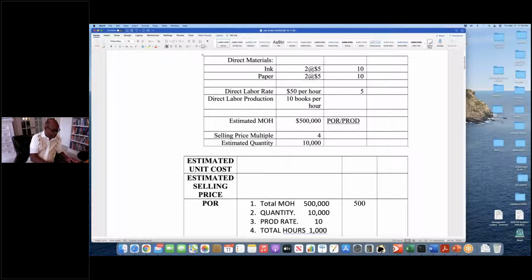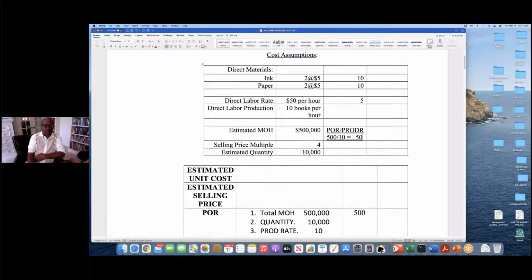So then I'm going to take 500 divided by 10. And so therefore, how much is this going to equal then? 50. So now when I get ready to get my total unit cost, 10 plus 10 plus 5 plus 50 equals what? 75.